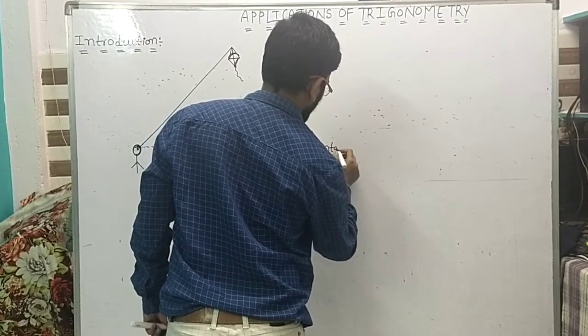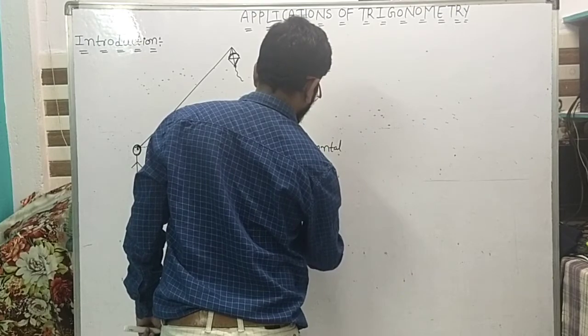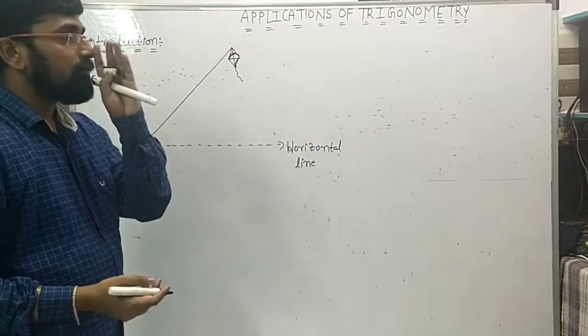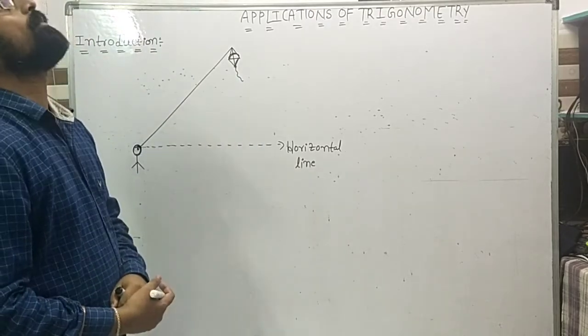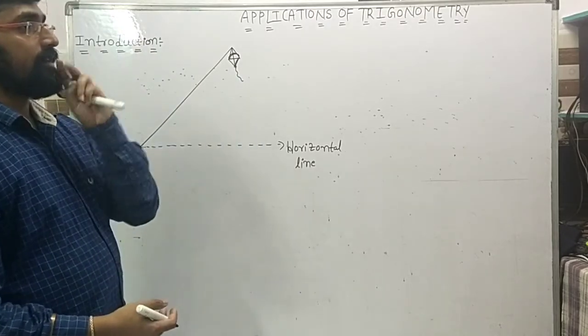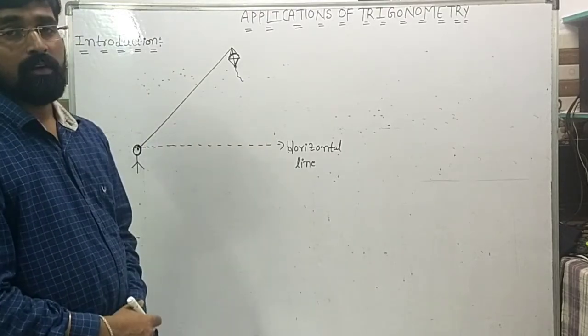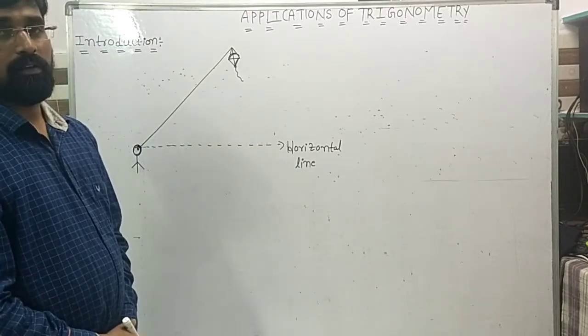In the textbook it is given as horizontal line. If you are seeing exactly straight, not bending your head, at 90 degrees, it is called the straight line, horizontal line, or angle of normal.